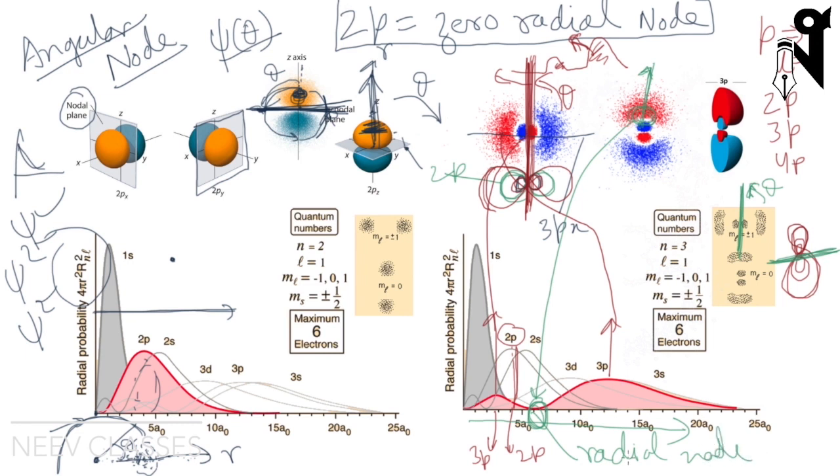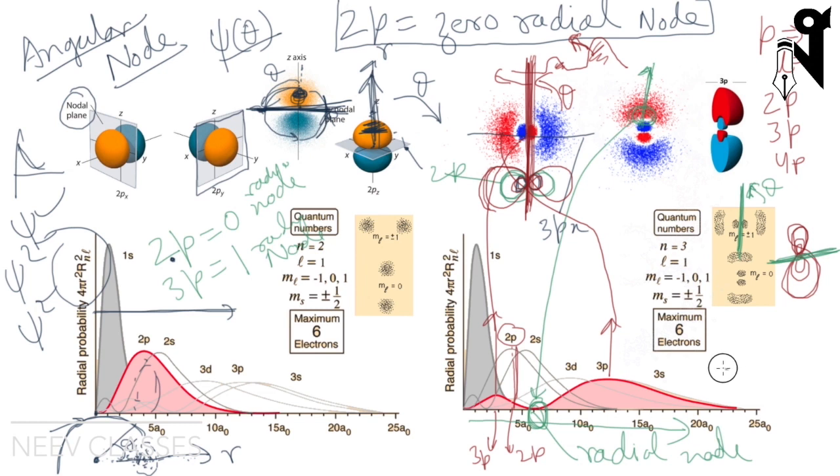Can you figure out a formula for radial node itself? Your 2p was having 0 radial nodes, and 3p is having 1 radial node. So what can be the formula? 4p will have how many radial nodes?